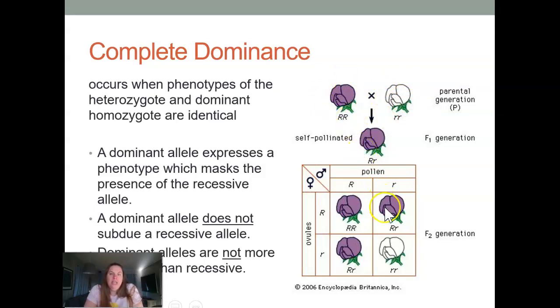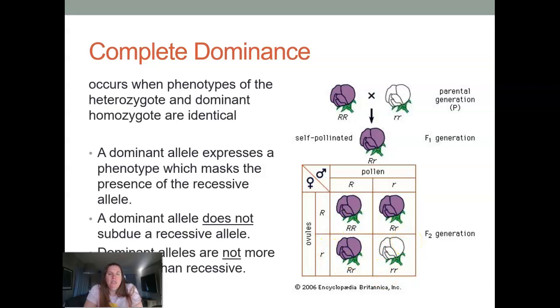So even in a heterozygous genotype, like we see here and here, our phenotype will still display the dominant characteristic. Whenever we have complete dominance and we do that F1 cross to get our F2 generation, we're going to see that 3 to 1 phenotype ratio.